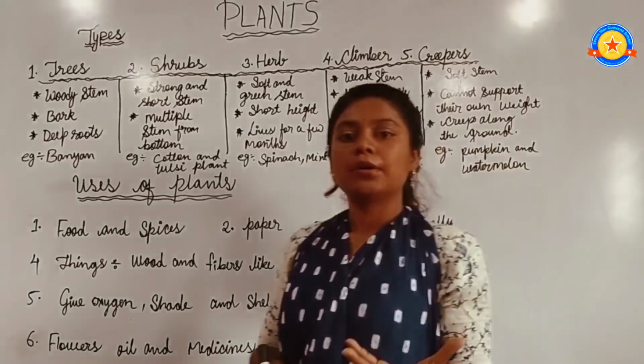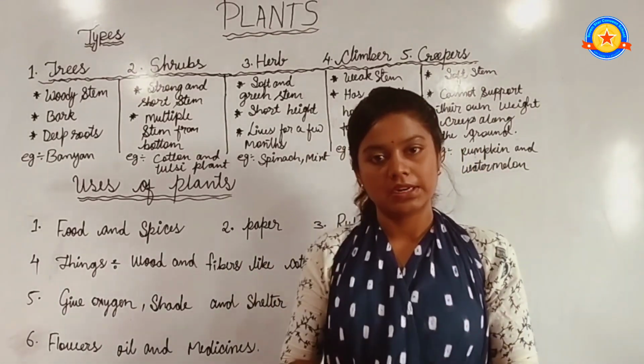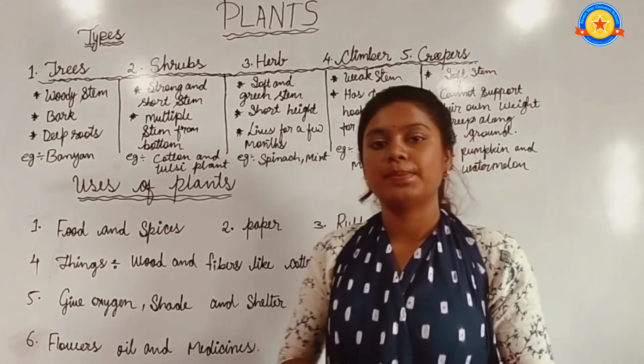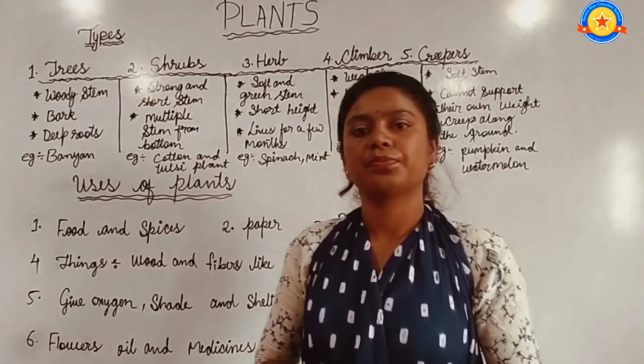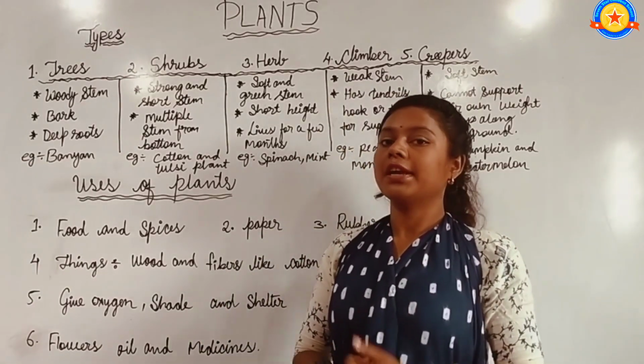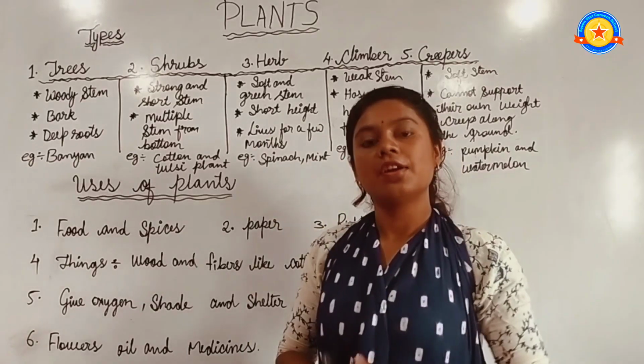If we talk about big leaves, in which plant do we find them? In the coconut plant, we find big leaves. And if we talk about small leaves, then we find them in the tamarind plant. Tamarind leaves are very small.